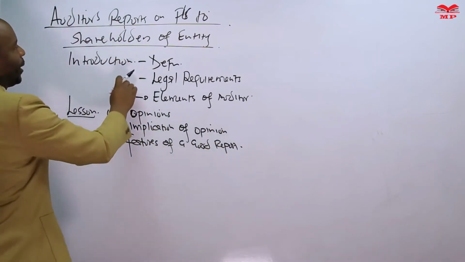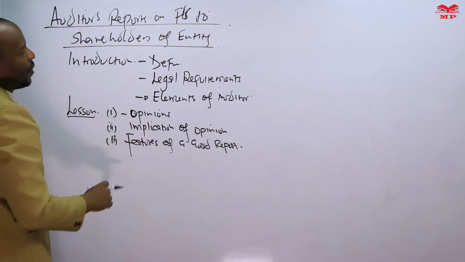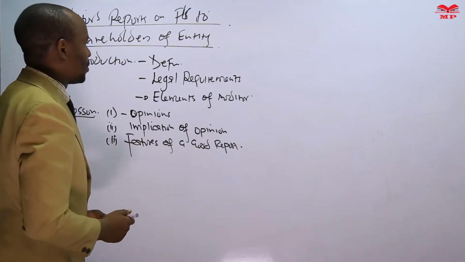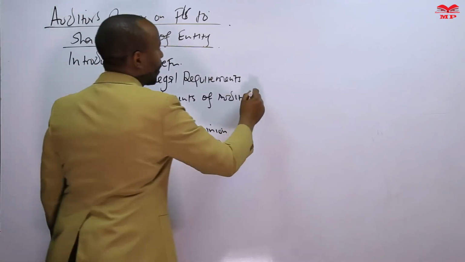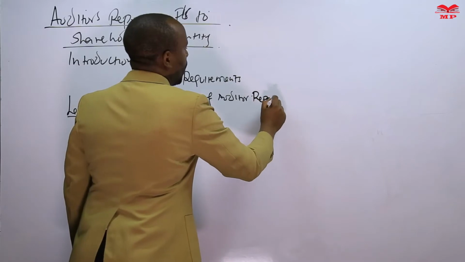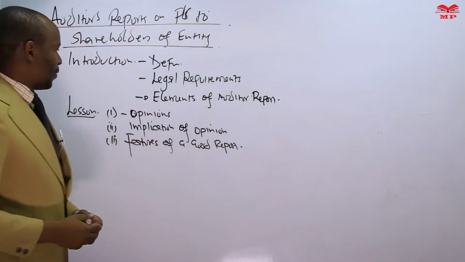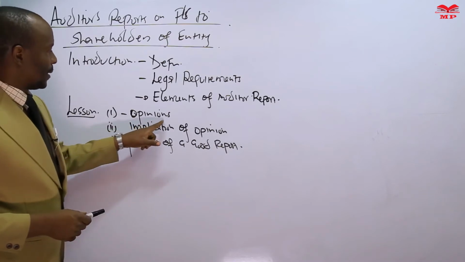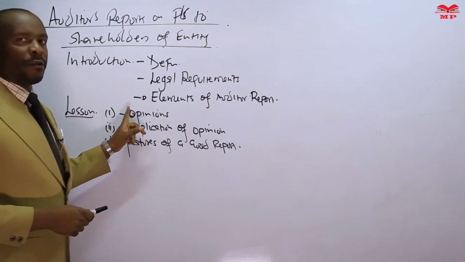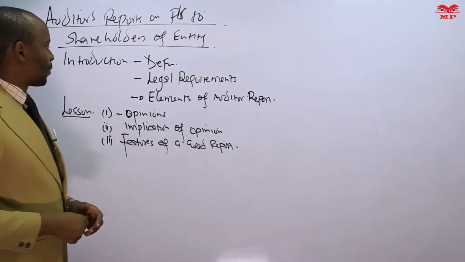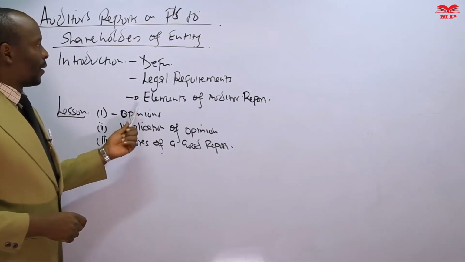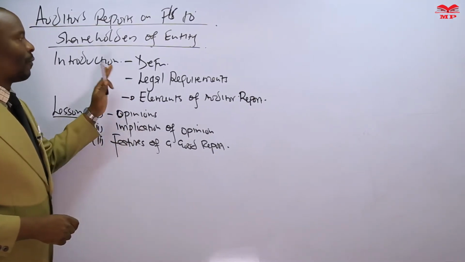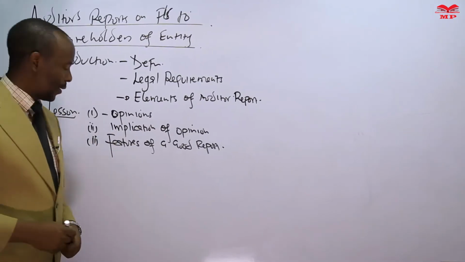Lesson 1, therefore, will cover the introduction, which includes the definition, legal requirements, and elements of the auditor's report. Now, in this part of advanced auditing, the most important part for you is opinions. If you understand the opinions much better, then you can do about 50 or 80% of the questions that are going to be brought in that region.